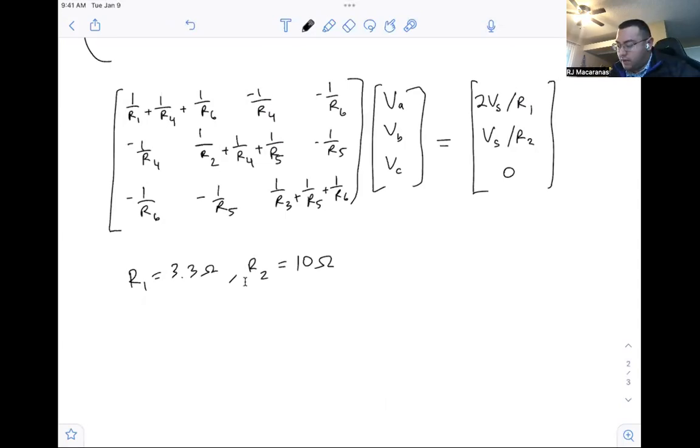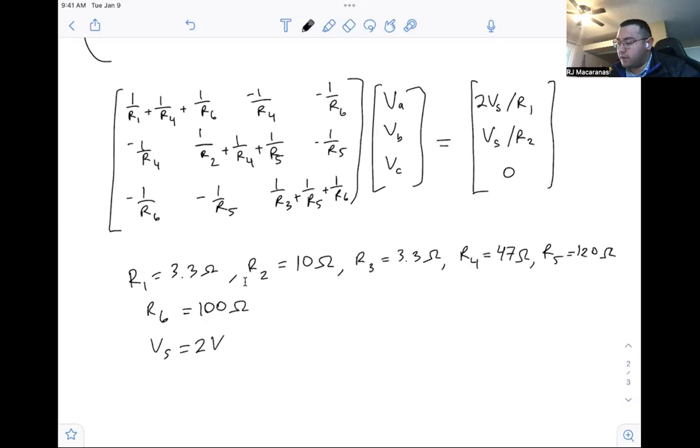Yeah, so R2 is 10 ohm, R3 is also 3.3 ohm. Now we've got R4 to be 47 ohm, R5 to be 120 ohm, R6 to be 100 ohm, and we've got VS to be 2 volts for our experiment.